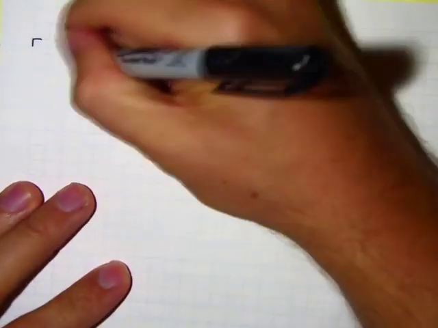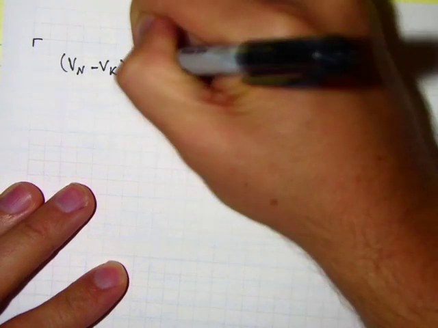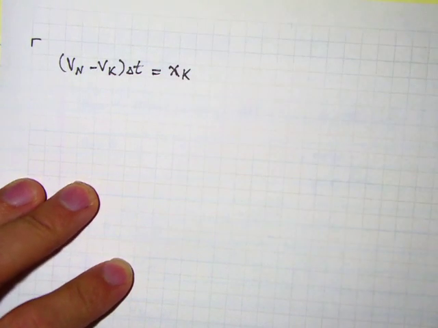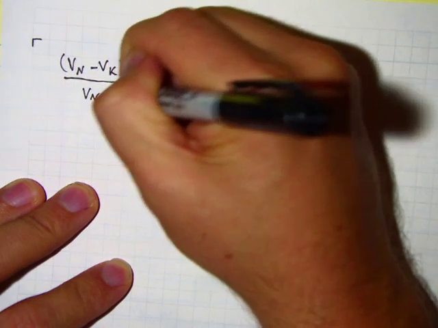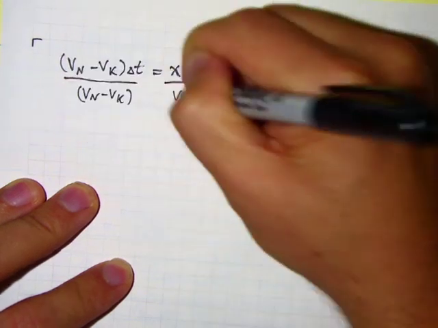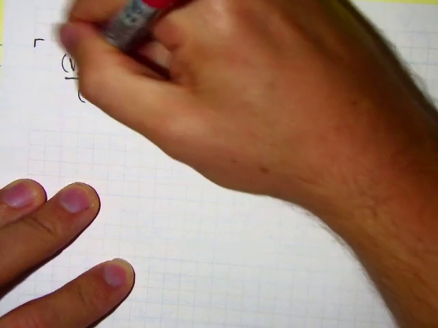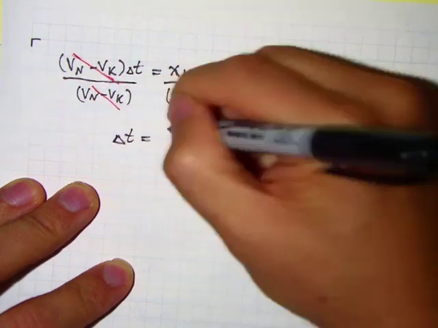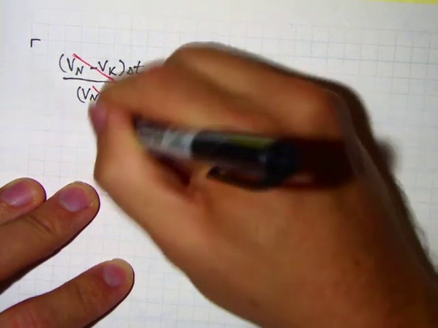I can rewrite that as Vn minus Vk times delta t, if I factor out that delta t, equals xk. Now, all right, last step to solve for delta t, I got to get rid of this term over here. Divide both sides through by Vn minus Vk. That way that whole thing cancels out, and I'm left with delta t equals xk over Vn minus Vk.